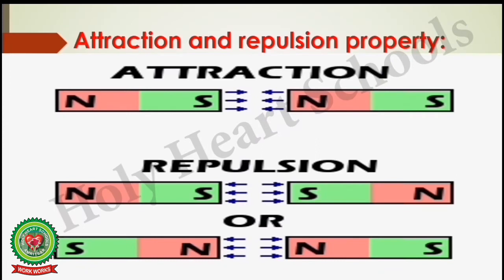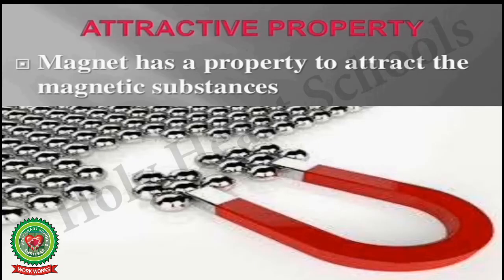Next property is attraction and repulsion property. We have already discussed this. Opposite poles, that is, unlike poles of two different magnets, attract each other, whereas similar or like poles of two different magnets repel each other. Next property is attractive property.